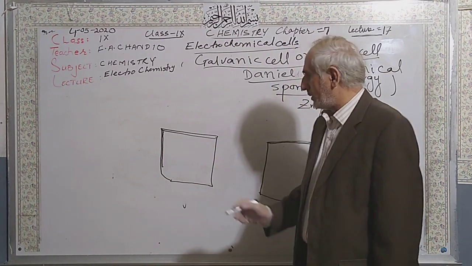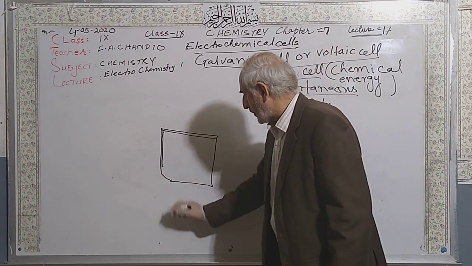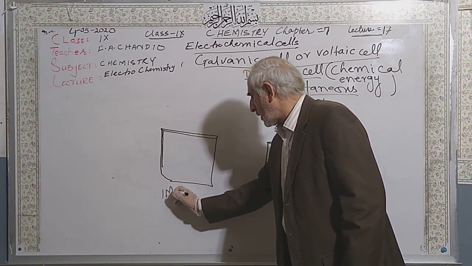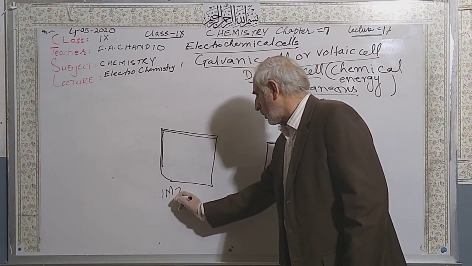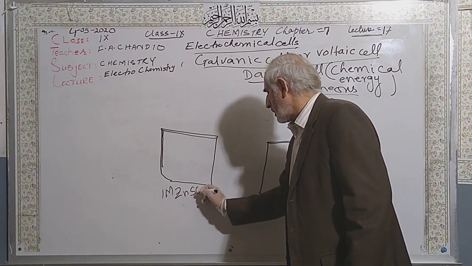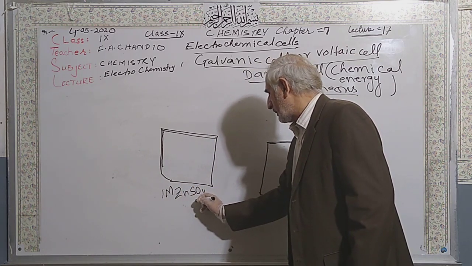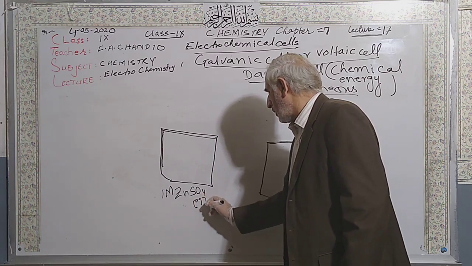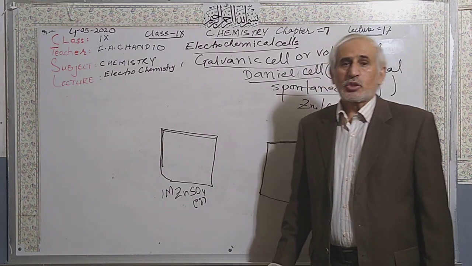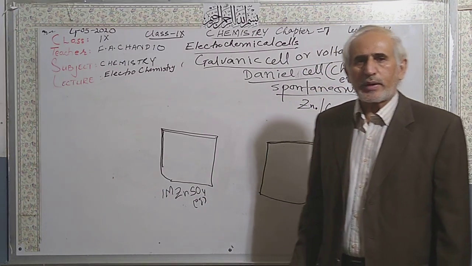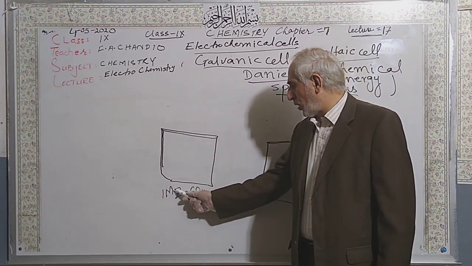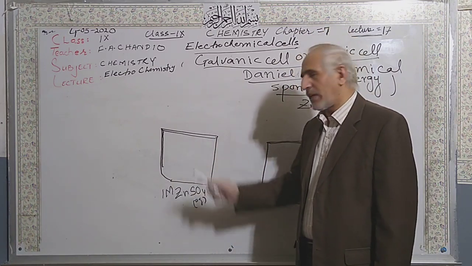In this container, you have to put a 1 molar solution of zinc sulfate. You have done the solution chapter, how we prepare the molar solution, molarity. So you have to put a 1 molar solution of zinc sulfate in this container.